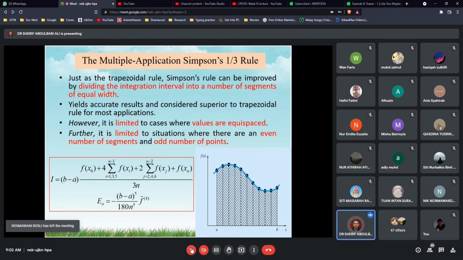If the step size is different, you cannot use the multiple application of 1/3 rule. And another thing is that you need to be limited to an even number of segments and an odd number of points. For 1/3, when you make a multiple application, you are limited to an even number of segments and an odd number of points.